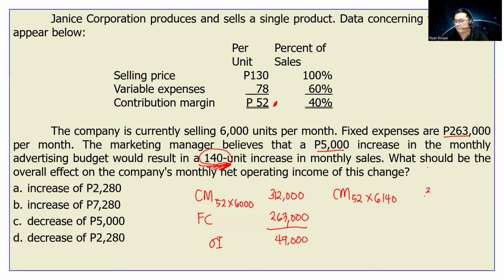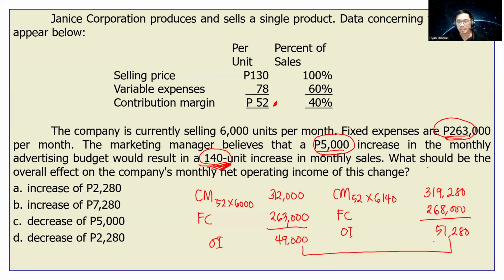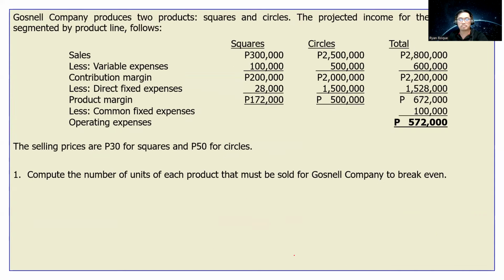So the new CM would be 319,280. And then the fixed cost, before it's only 263,000, but there will be an increase of 5,000. Therefore, the new fixed cost is 268,000. Therefore, the new operating income is 51,280. So if we compare the two operating incomes, there is an increase of 2,280. So the answer here is letter A.